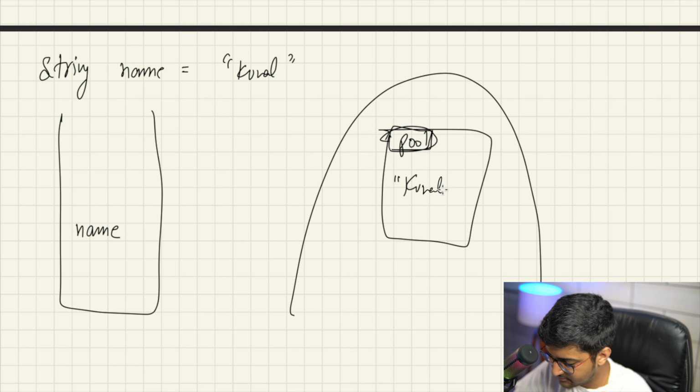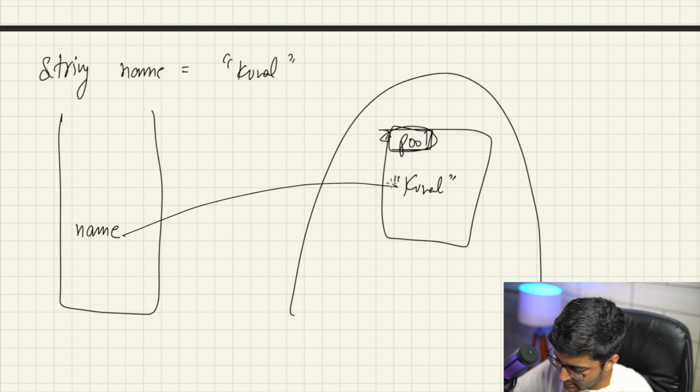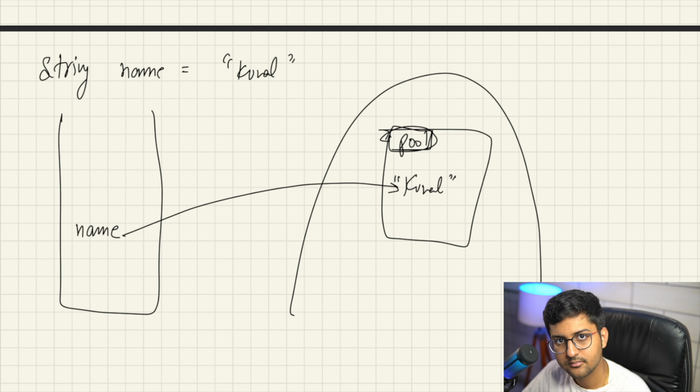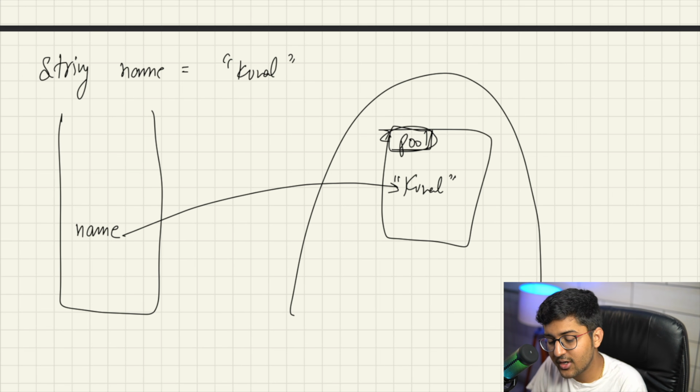Kunal comes over here. Name is pointing to Kunal. Now you may be asking, Kunal, what is this string pool? String pool is a separate memory structure inside the heap.